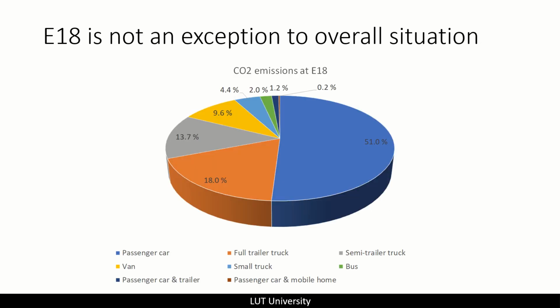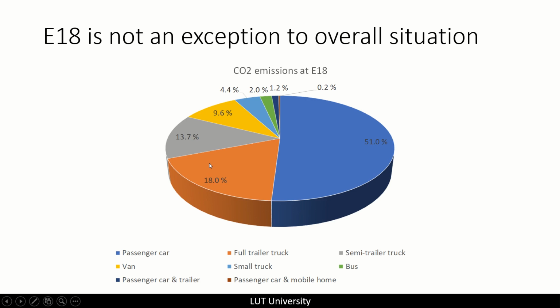As we can see, if we look at the CO2 emission sources of E18, it's pretty similar to the points that were presented in the previous slide. What is interesting of Finnish characteristic is that semi-trailer trucks only account for 14%, whereas full trailer trucks account for 18%.